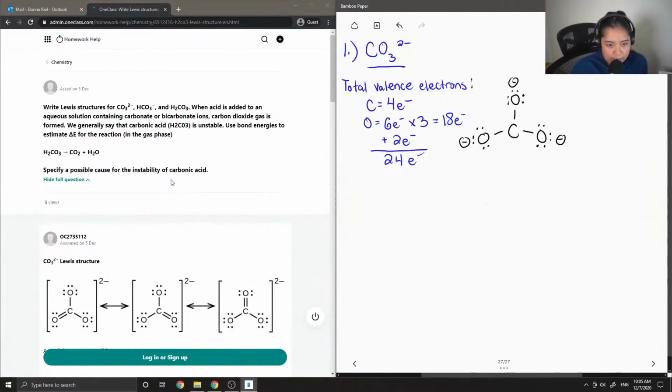If we count out how many I have drawn now, each oxygen has 1, 2, 3, 4, 5, 6 valence electrons. There are 2 electrons in every bond, so that's 8 times 3. So I've drawn 24. But if you look at our central carbon atom, you'll notice it doesn't have a full octet. So what we need to do now is form a double bond. To do that, I can show one of the oxygen's negative charge come down to form a double bond so that our carbon has a full octet.